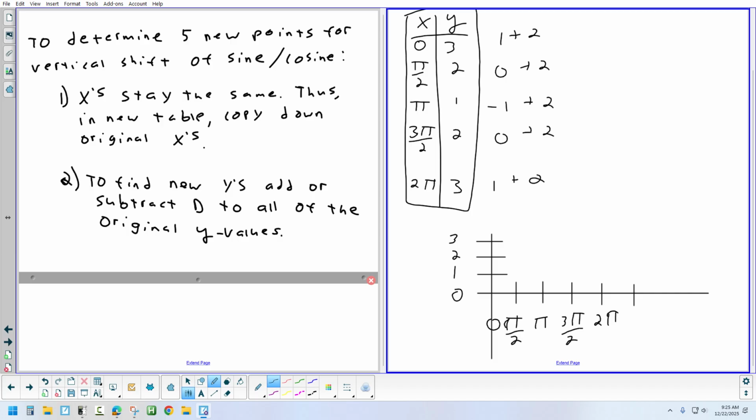If I shifted up like 20 units, then I might scale my y-axis to go by 2s or 5s or something. But we're only going up 2 units, so 0 to 3 is all you need. Right. And we have 3, 2, 1, 2, 3. There you go. So that's a cosine function shifted up 2 units. Any questions at all?